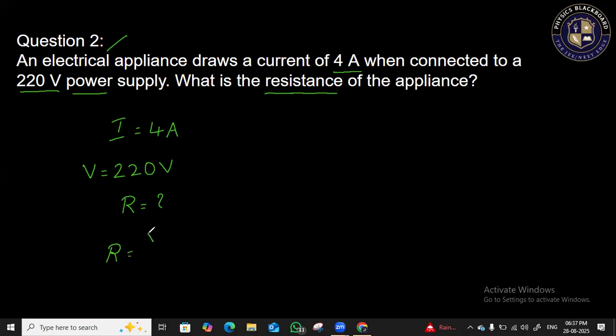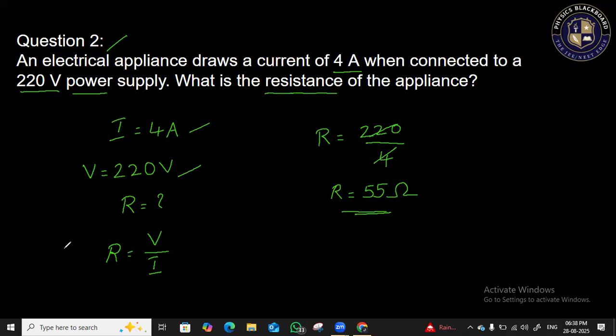Resistance R equals V by I. Plugging in the values, V is 220 and I is 4 amperes, so R equals 220 by 4. Further solving, 4 fives are 20, 2 remains, it becomes 20 again, so 4 fives are 20 again. Finally, the resistance is 55 ohms. 55 ohms is the resistance of the given appliance.